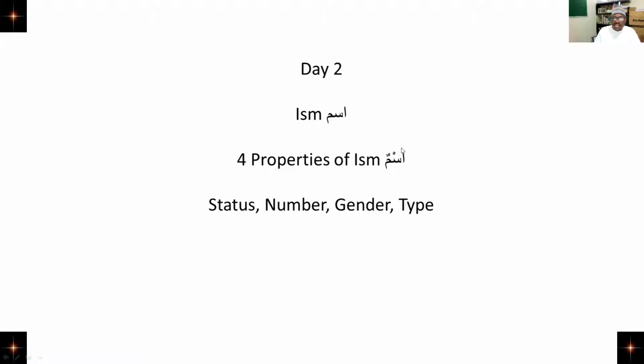But this statement is very key for ism, the 4 properties. You can't dodge this. In fact, this is what makes the whole course, because as I said, ism is the core, the main body of this language, Nahu.